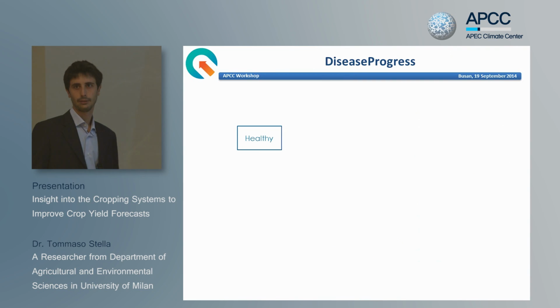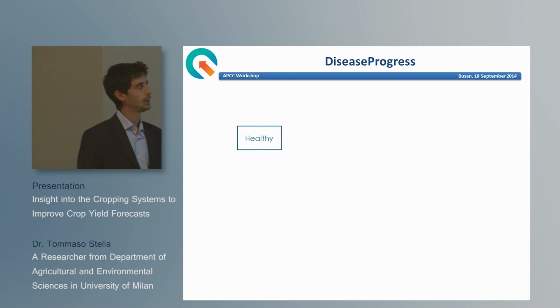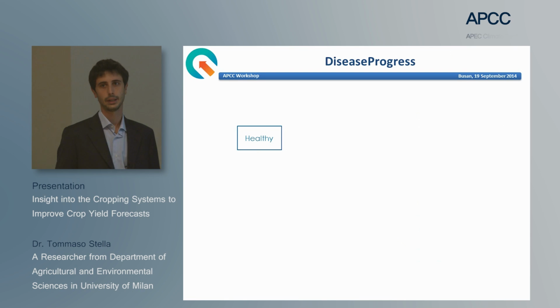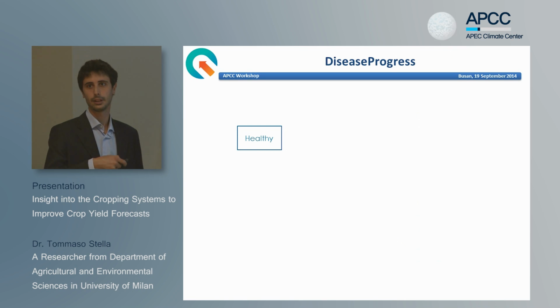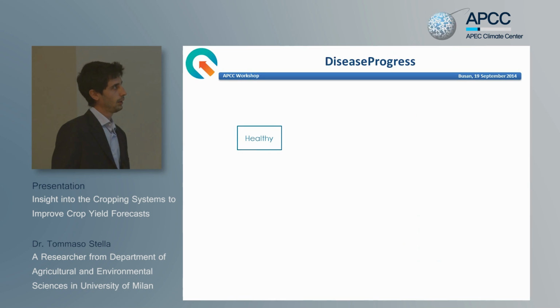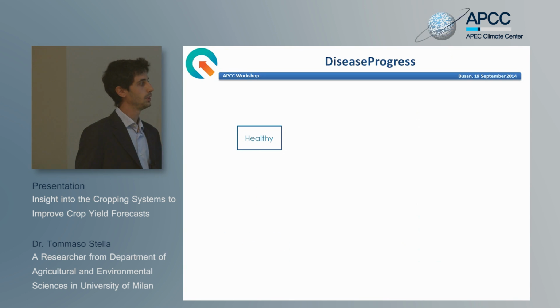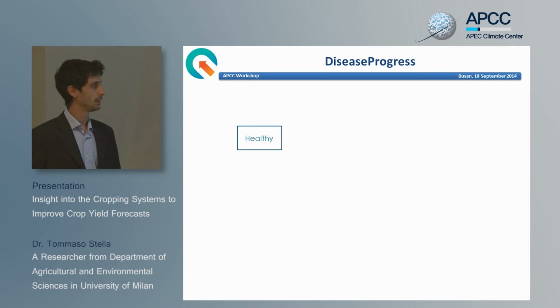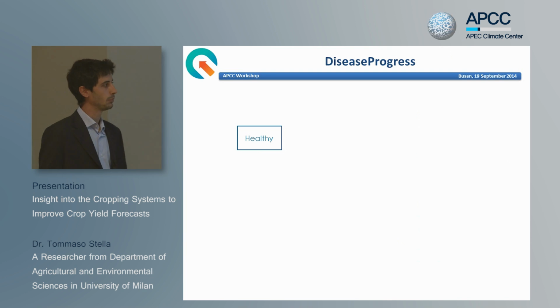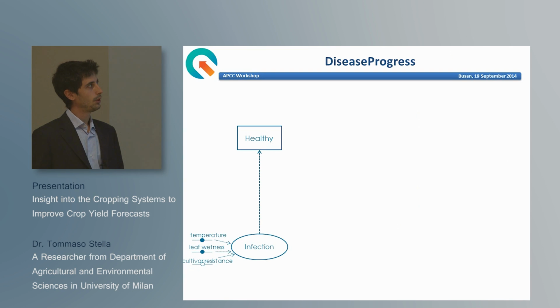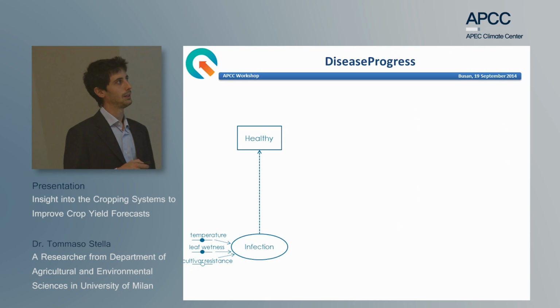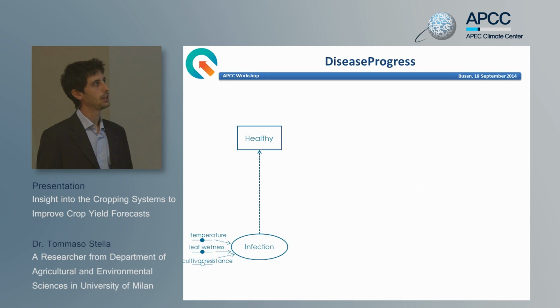So, just to have an overview on how this component disease progress works, let's start from an healthy tissue, an healthy leaf, an healthy leaf area index in this case, that under particular conditions of temperature, leaf wetness, and depending on the parameter cultivar resistance for a specific disease, can be infected. At this point, the healthy tissues becomes first latent, and after a period of incubation, the symptoms become visible.